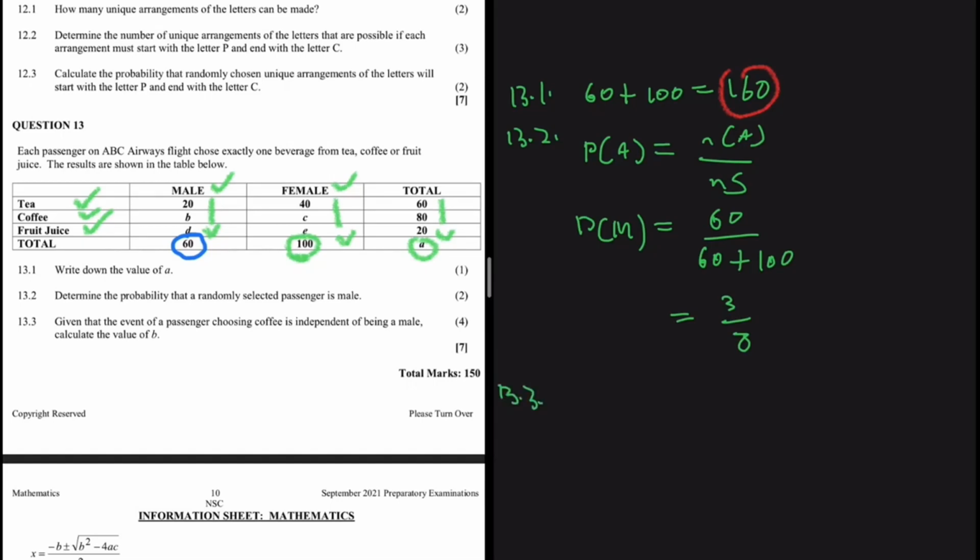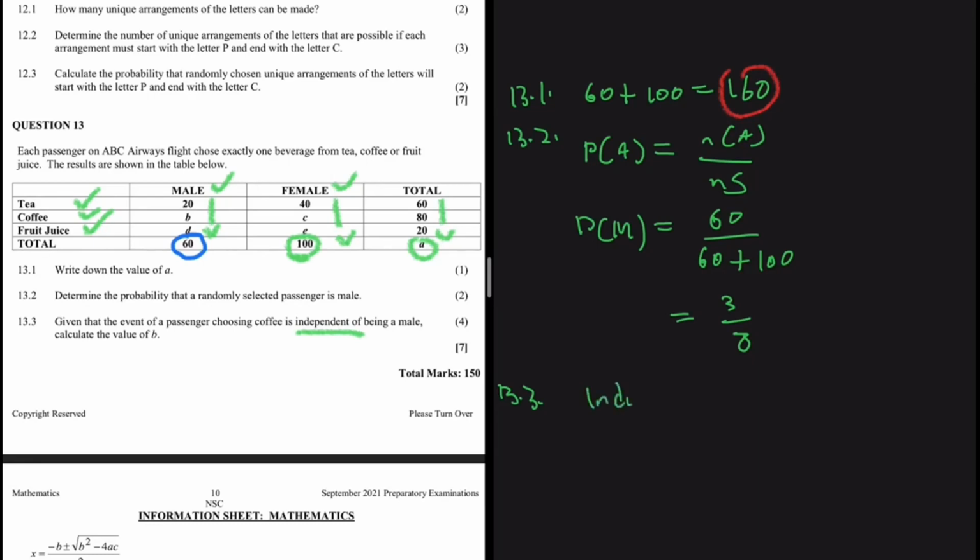13.3 says given that the event of a passenger choosing coffee is independent of being a male, calculate the value of B. So keyword independent, right? So if we have independent, then we have situations where the two are dependent. So let's address independent first.